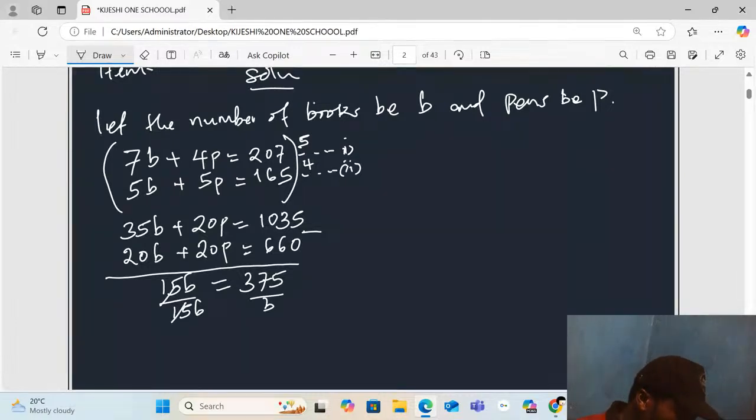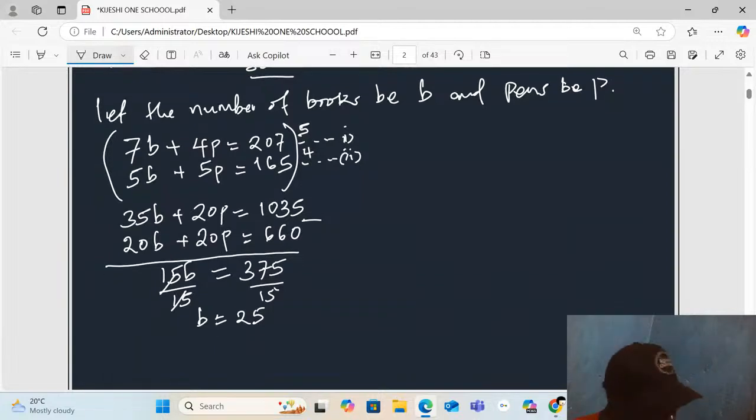So B, we are going to divide both sides by 15. So our B will become 375 divided by 15, we get 25.